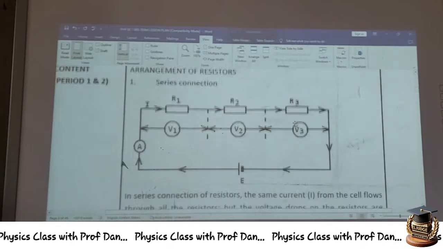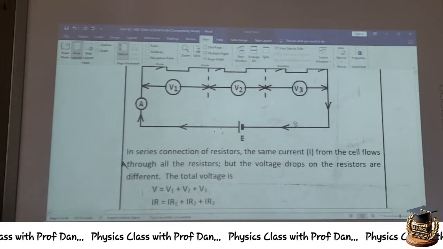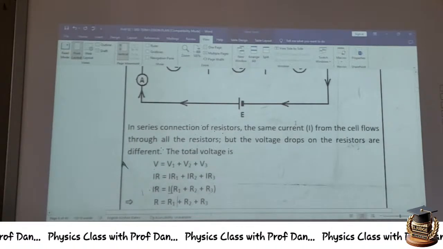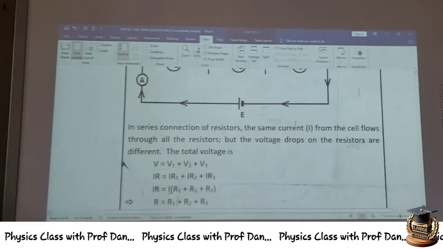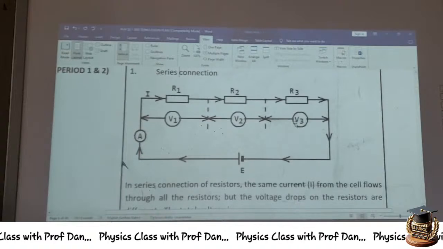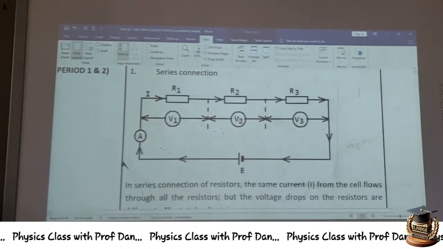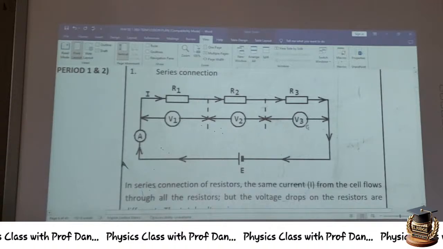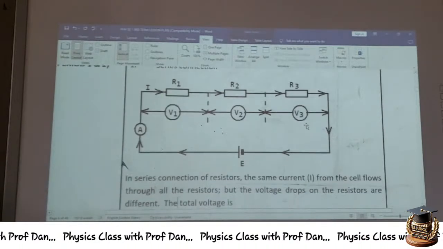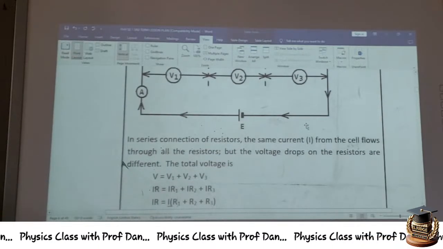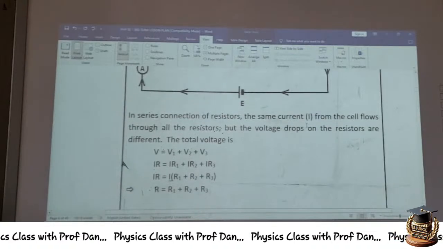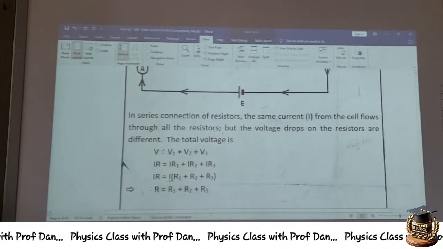Since the total voltage, let's call it V here, is equal to V1 plus V2 plus V3. So that's the total voltage: V equals V1 plus V2 plus V3.